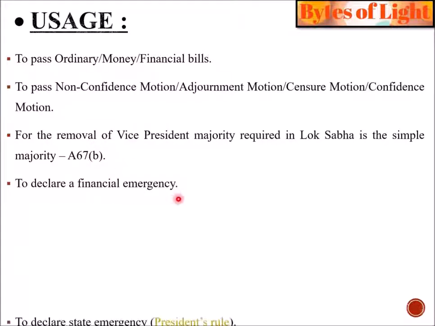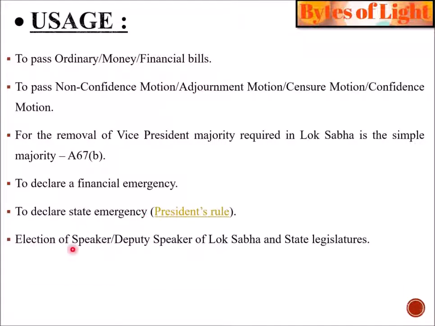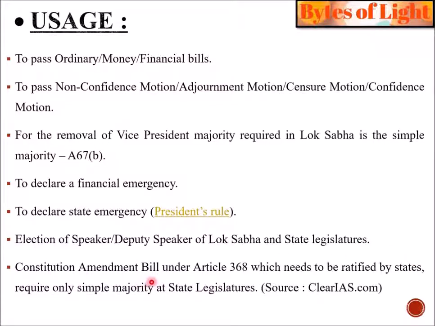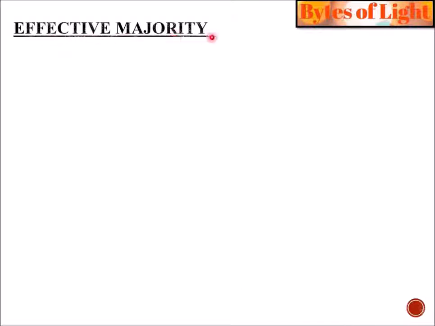Declare financial emergency. Declare state of emergency, that is President's rule. Election of Speaker or Deputy Speaker of Lok Sabha and state legislatures. Constitutional Amendment Bill under Article 368, which needs to be ratified by the states, require only simple majority at the state legislatures.